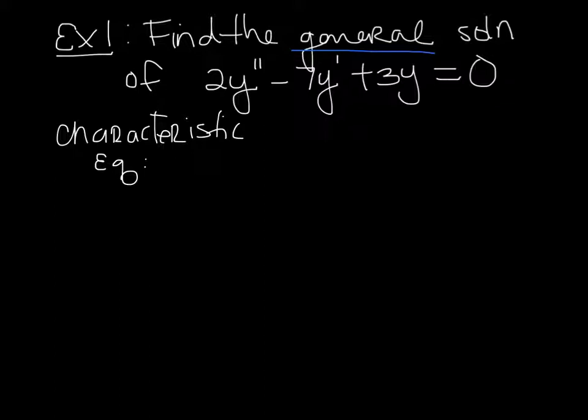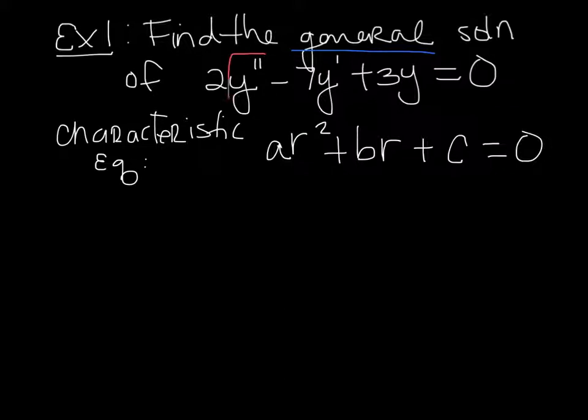Okay, so our characteristic equation in general is going to be r squared, where r is the root, plus br plus c equals 0. And I want you to notice the substitutions here that are going on. We have the second derivative of y, and we have r squared.